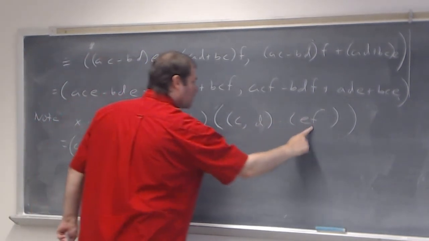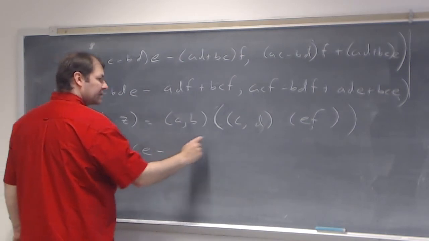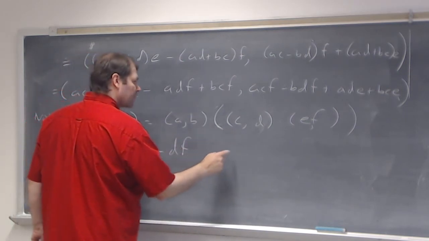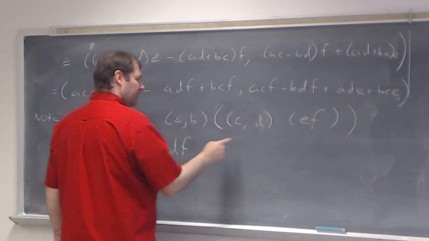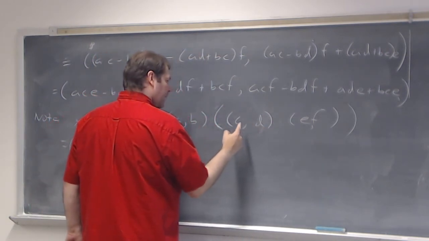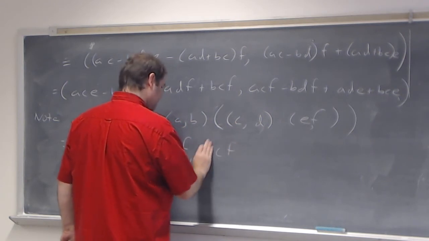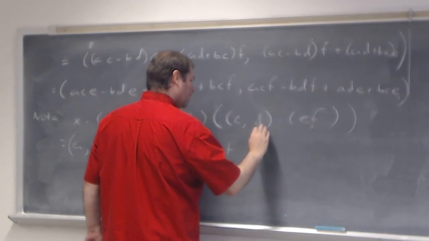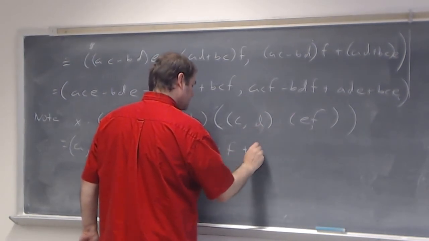The way we do this multiplication here, it's c times e minus d times f. So the first coordinates are multiplied together minus the second coordinates multiplied together. And then the second coordinate is cf plus de.